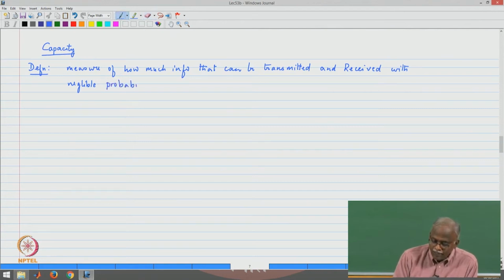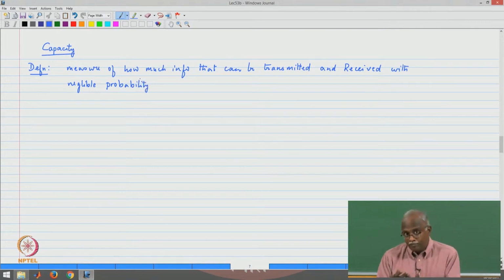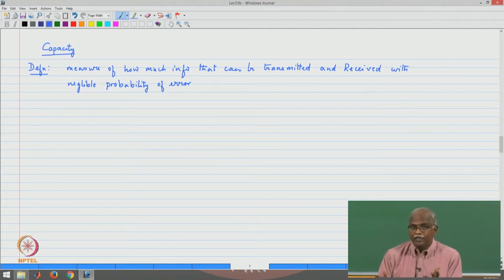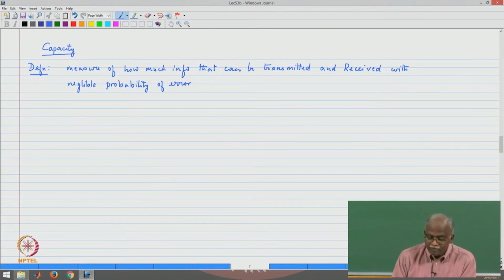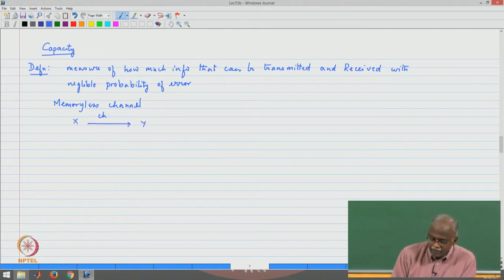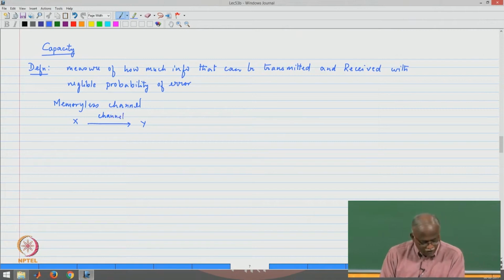Now, this is quantified in terms of a quantity called the entropy. So, we would like to introduce that and build on that understanding. Okay. So, now when we have a memoryless channel where the signal X is transmitted through the channel and Y is received, in such a situation we introduce the notion of capacity.